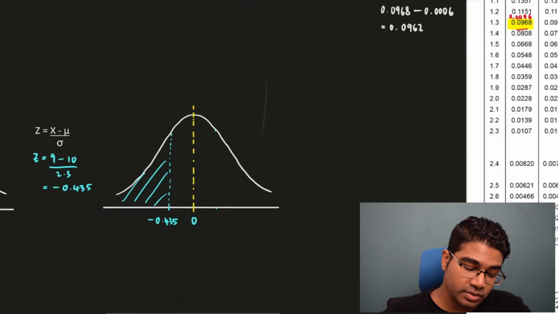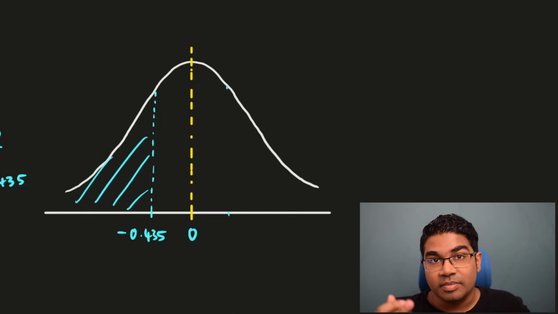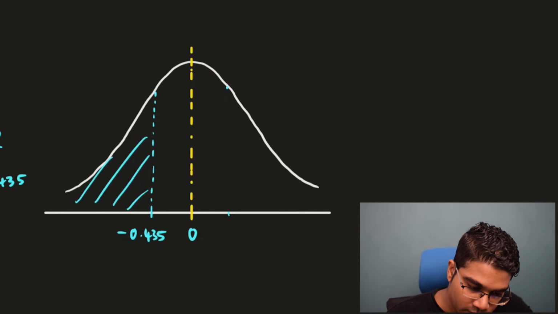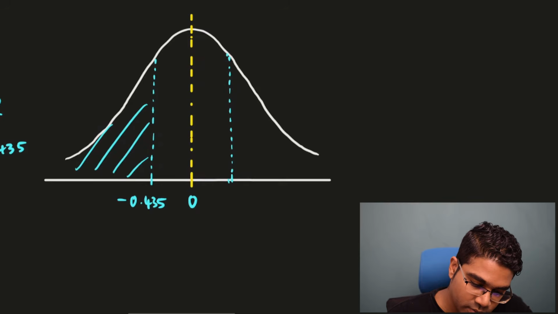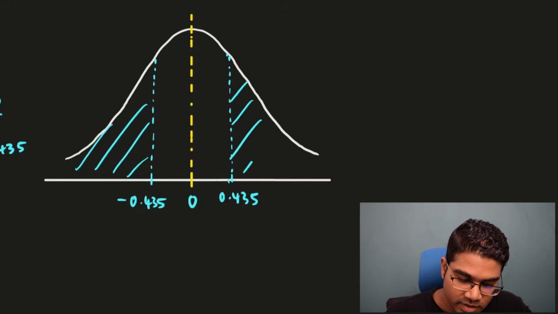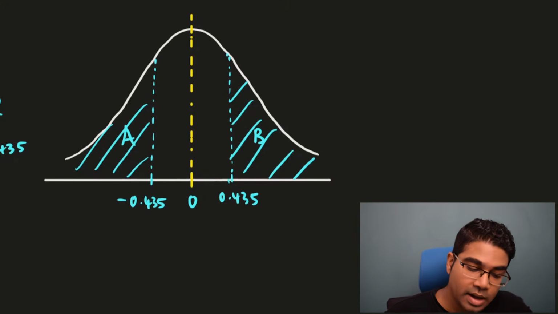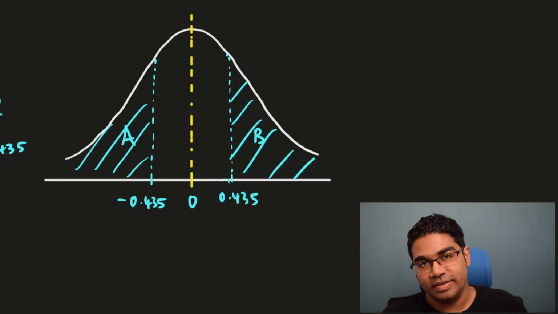We have to make use of the fact that this is a symmetrical graph. If it is a symmetrical graph, then when we take the positive value, which is positive 0.435, since it is symmetrical, that would mean this area is the same. So area A and area B are exactly the same.